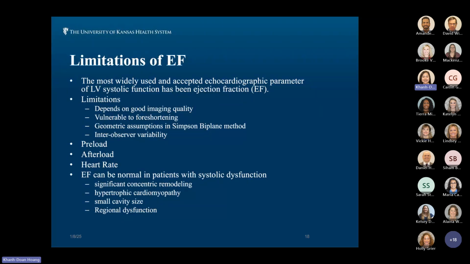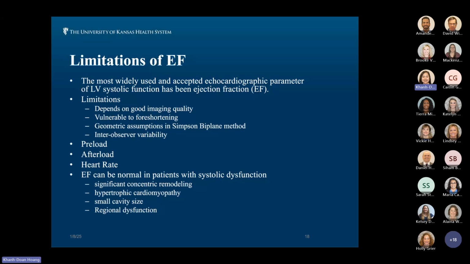And ejection fraction is dependent on a lot of things, right? It's dependent on loading conditions. So if you have a patient with reduced preload and severe mitral regurgitation, it's going to cause their ejection fraction to increase from just the significant regurgitant volume. And in a patient with increased afterload in a setting of severe aortic stenosis, that's going to decrease your ejection fraction.